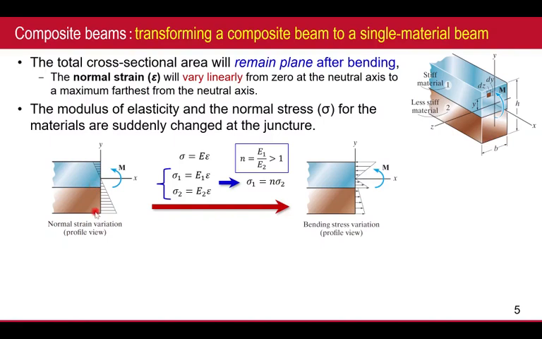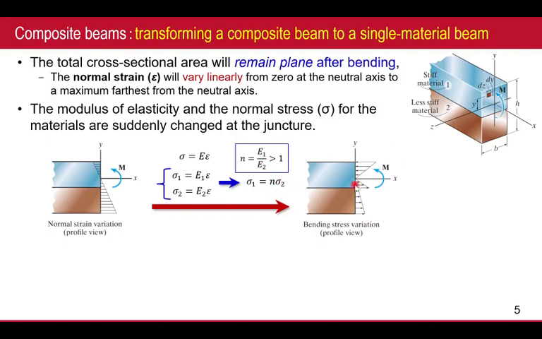But of course, there are two different materials. So sigma 1 will be E1 times epsilon, and sigma 2 will be E2 epsilon. So from here, we get this idea: if we want to transform material 1 into material 2, then sigma 1 should be equal to n sigma 2.